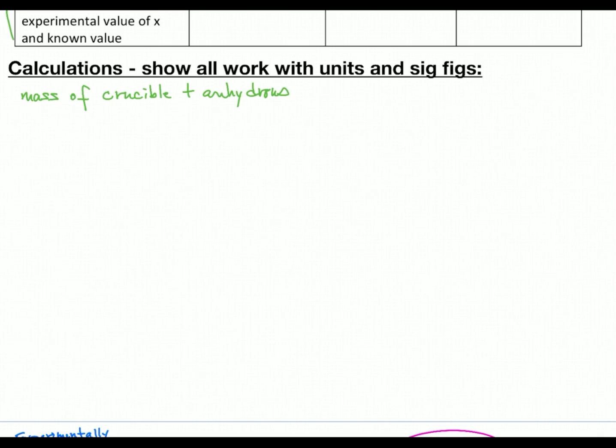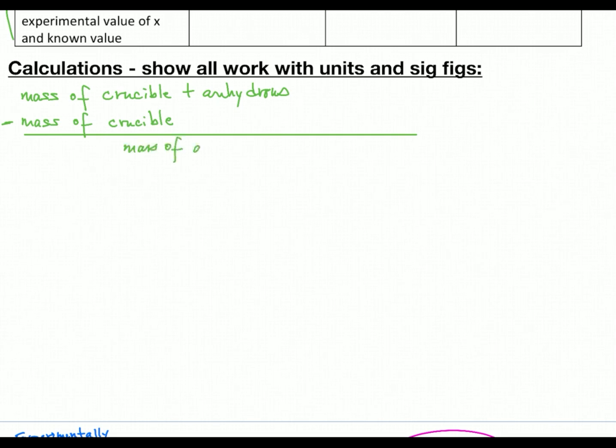We know that number. We also know the mass of just the crucible. So if we subtract those, that should leave us with the mass of the anhydrous that was actually left in the crucible after heating.